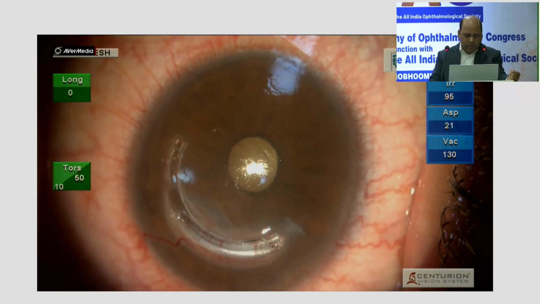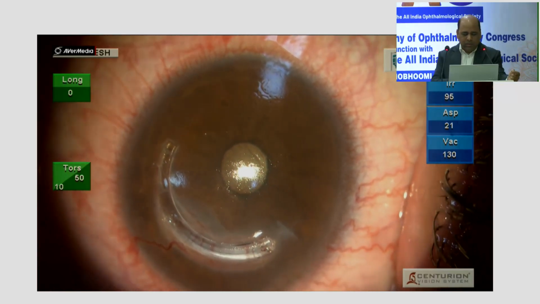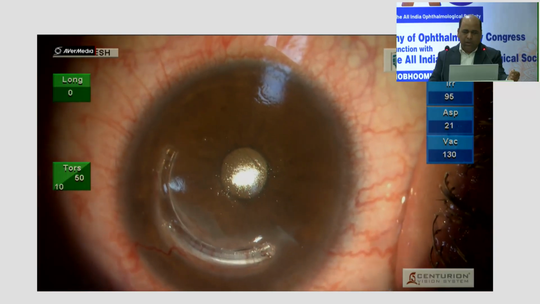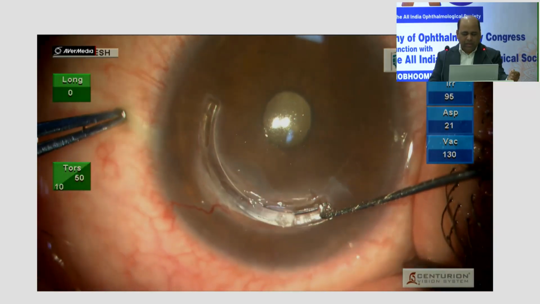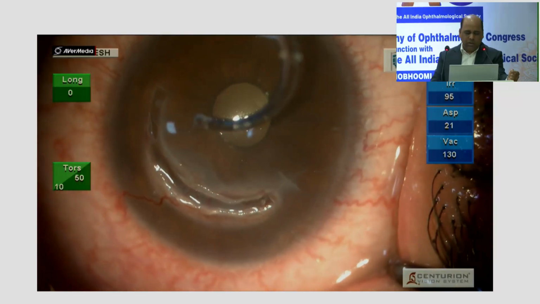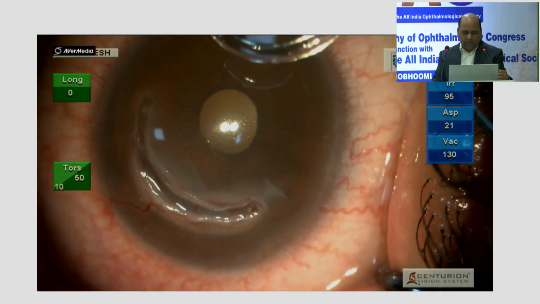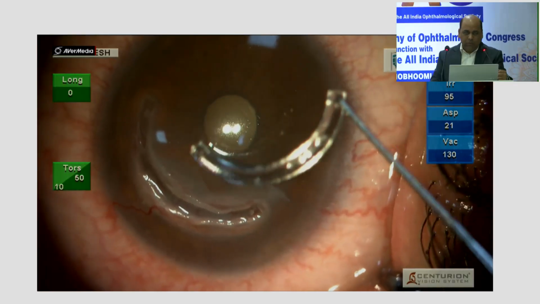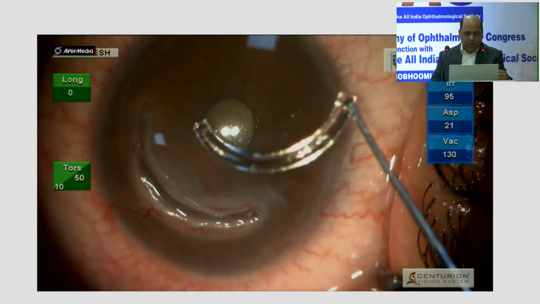So this was one case I did last month in which there is a Kerr ring inside the eye, and you can see the vascularization and melting along the intact ring. So I removed this ring and then treated the patient topically, and eventually the patient healed. So we have to be very careful while managing these complications.